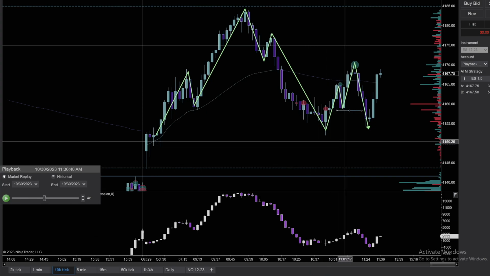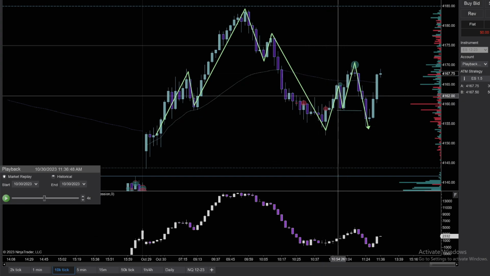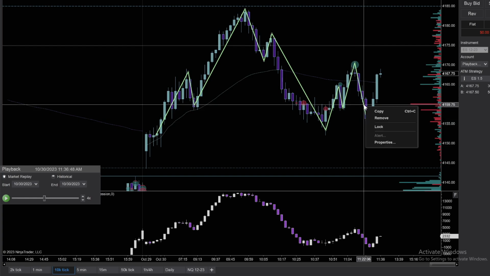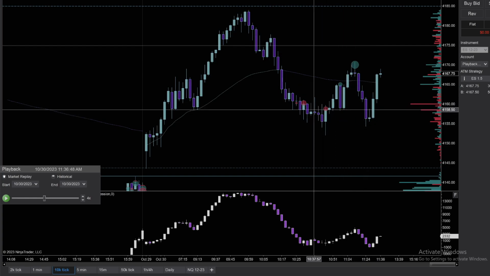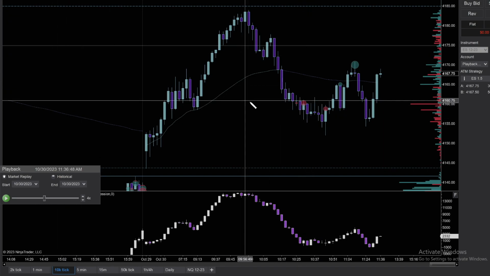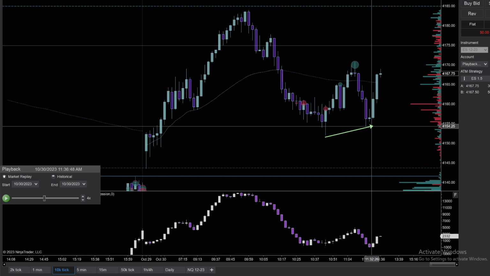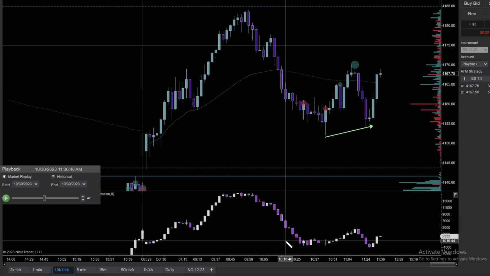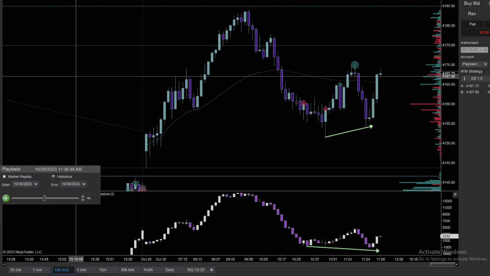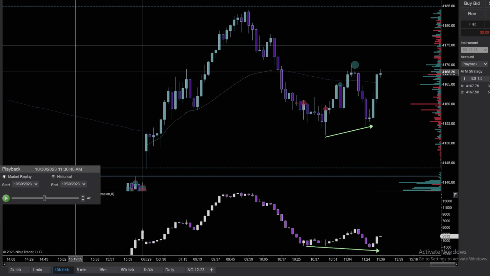So again, overall, that structure to me is looking pretty bearish. The other thing I see here as far as overall market context is I look at my delta. I see that right here we have a little bit of a higher low on price action. Yet if we look at our delta, it is a much lower low. And when we look at our setup, we're going to see there are some other divergences there that are going to add to this context as well.